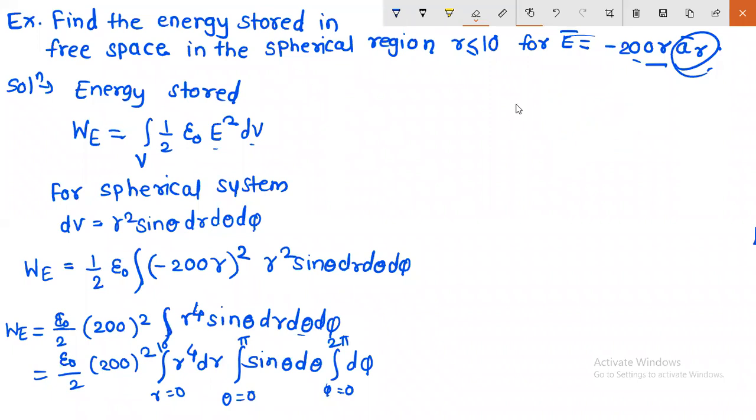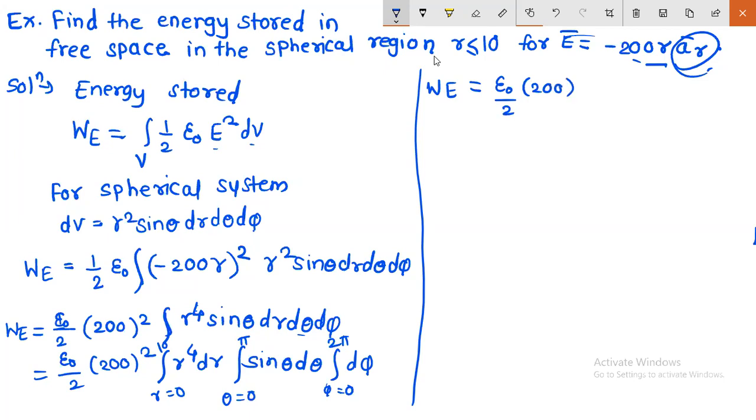So we is equal to epsilon 0 divided by 2, 200 square, into, now I'll directly write the integration. So it is r raised to 4. What is the integration of r raised to 4?